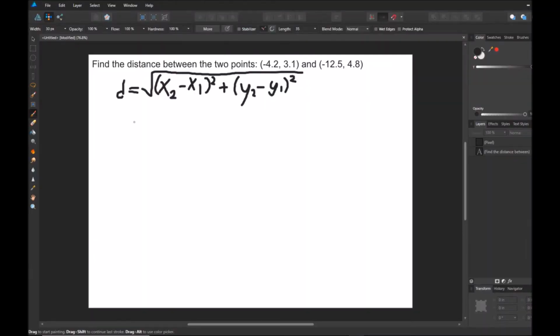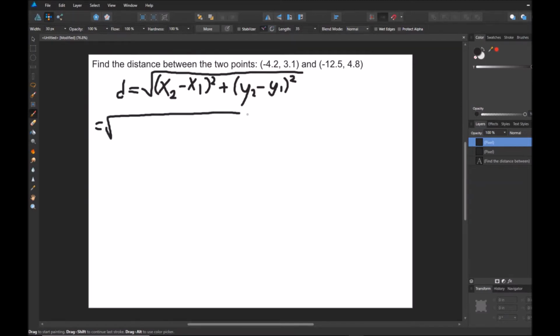Okay, so for this next problem, we are given the 2 points negative 4.2, comma 3.1, and negative 12.5, comma 4.8, and we are asked to find the distance between these 2 points. And it's just going to be exactly the same as the previous ones we've done.